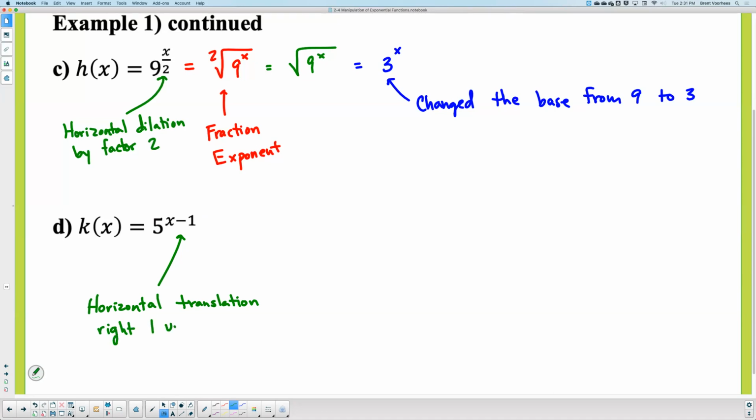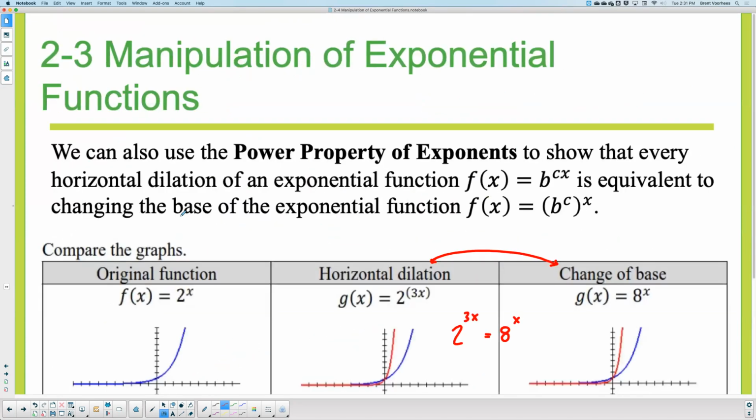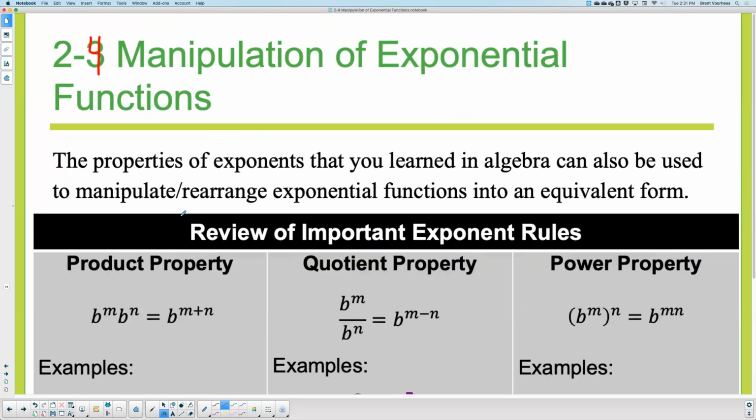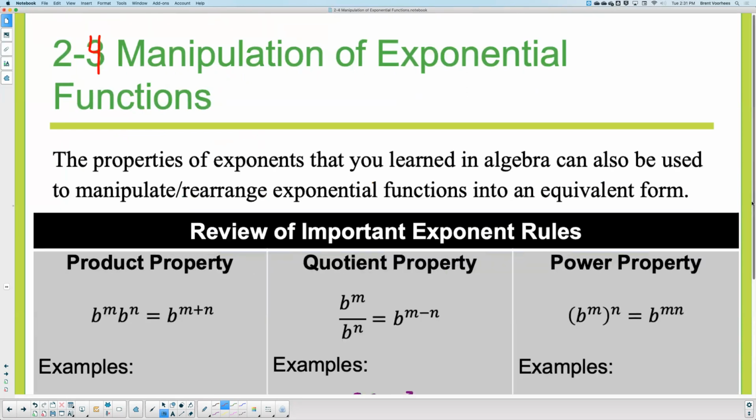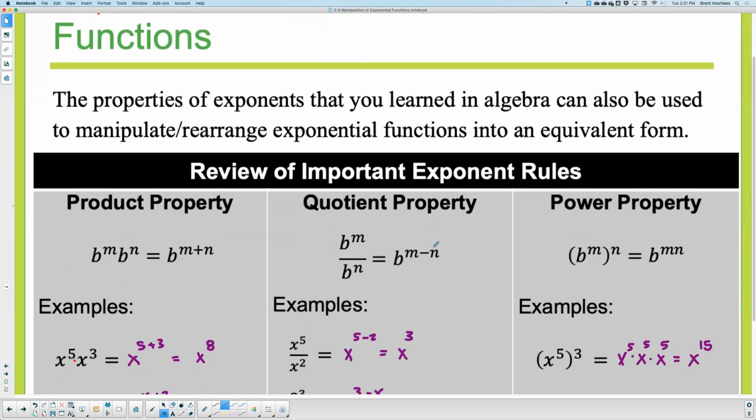Horizontal translation, right 1 unit. Okay, so now go to your rules. What can we say when the power is subtracting, what does that equal to? I hear quotient property. Let's go check it out. Does the quotient property have a base with the subtraction power? Yes, you can turn that into the base of the positive over the base of the negative, the subtracting.